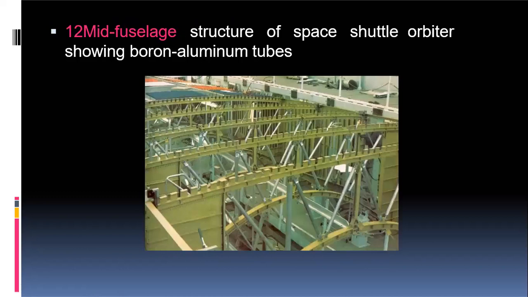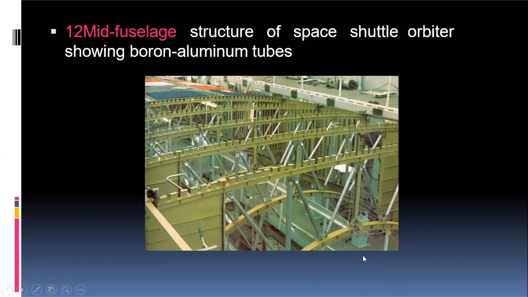The next one is the mid fuselage structure of the space shuttle orbiter showing boron aluminum tubes. Here you can see the boron aluminum tubes in the middle of the structure. So we have 12 poles here.